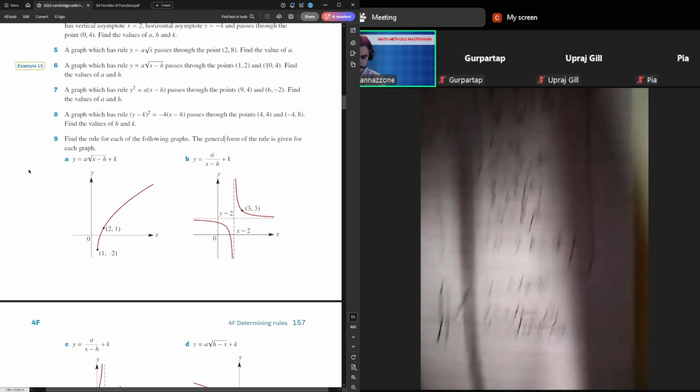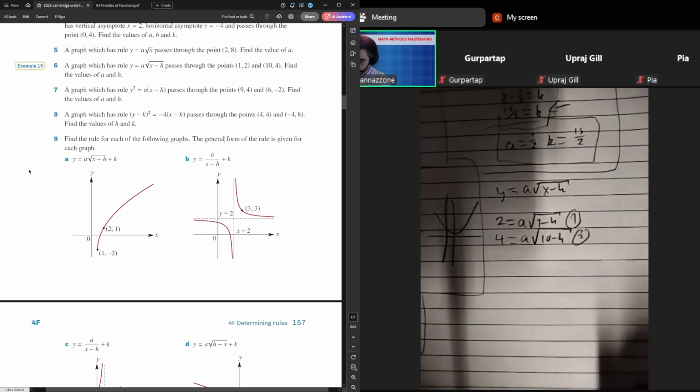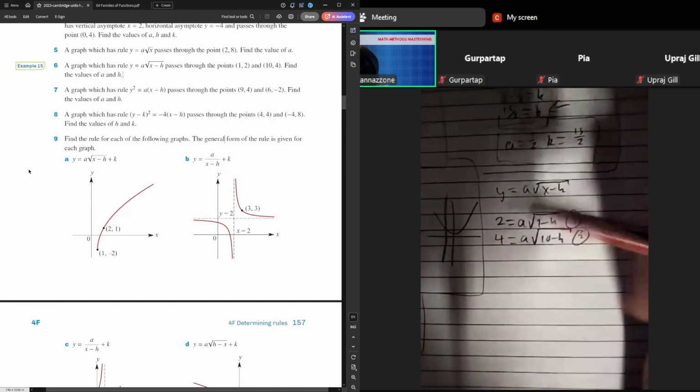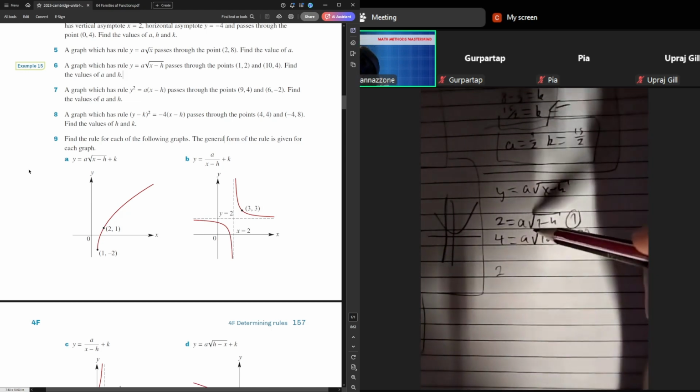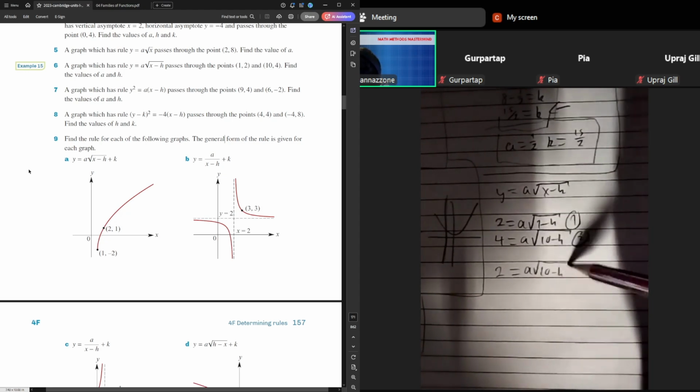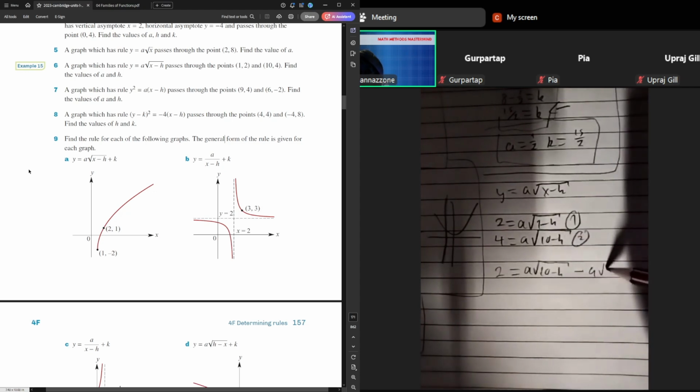Bit weirder here, because now you've got roots involved. How might we solve this? Equation 2 minus equation 1, just to show you what that would look like, that would be 4 minus 2 for 2, and then you would have a root 10 minus h minus a root 1 minus h.